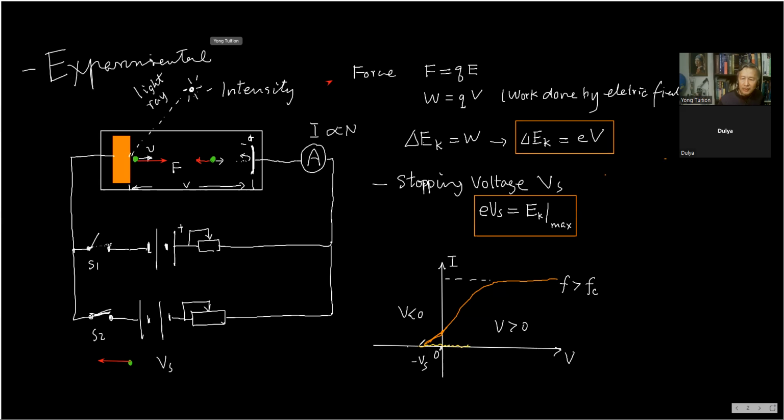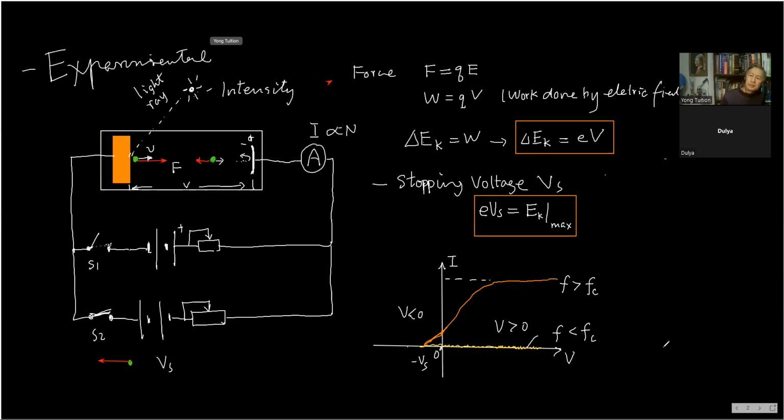Can you see? That's very strange. This is almost like noise, right? In other words, no current can be detected if the frequency is less than that. So in this scenario, the frequency is smaller than a certain value.